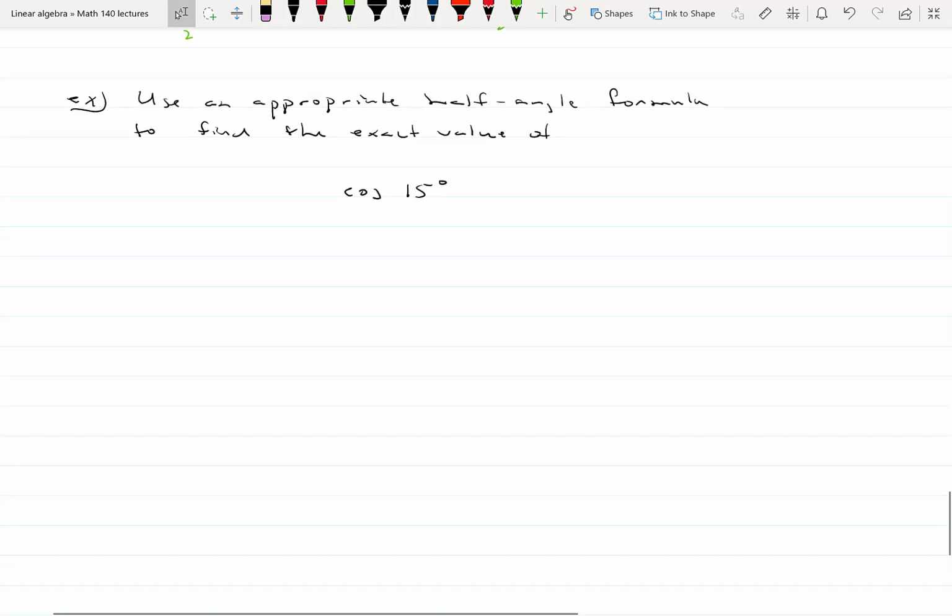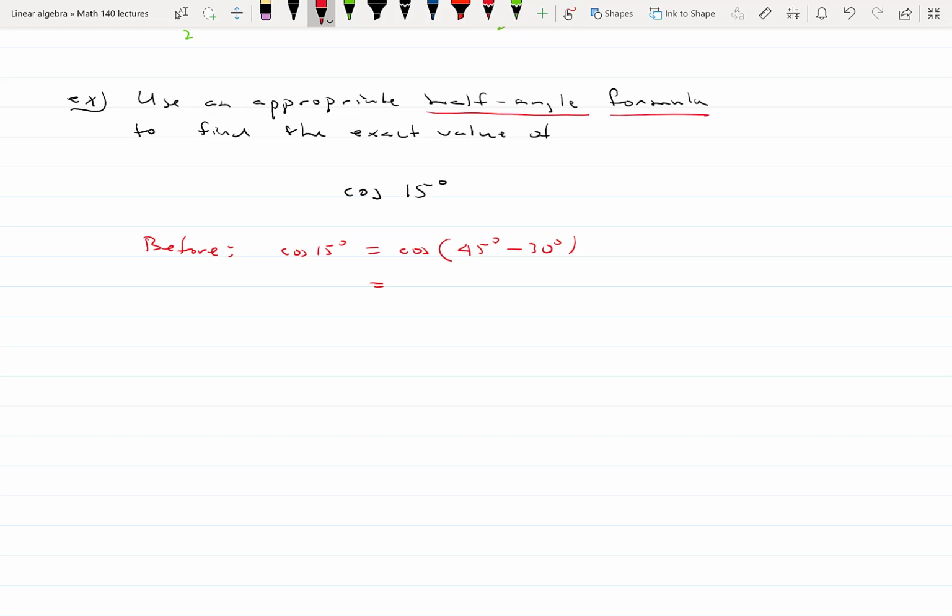Okay, we've done something like this before, but the common mistake is to use the method that we did before. Before, we wrote the cosine of 15 degrees equals the cosine of 45 minus 30 degrees, and then we used an appropriate, not half-angle formula. This problem calls for a half-angle formula. We used a sum or difference formula.